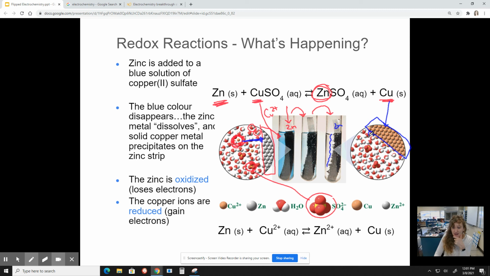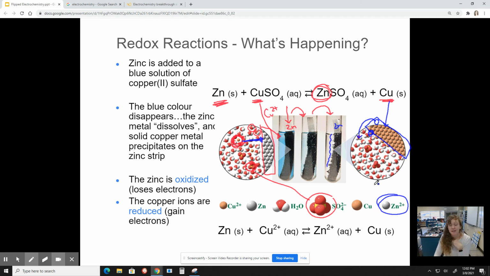Now, as the copper ion turns into solid, some of the zinc ion actually gets kicked out of the solution. So the zinc that gave up its electron gets kicked out into the solution. And that's what these little gray molecules are going to be.